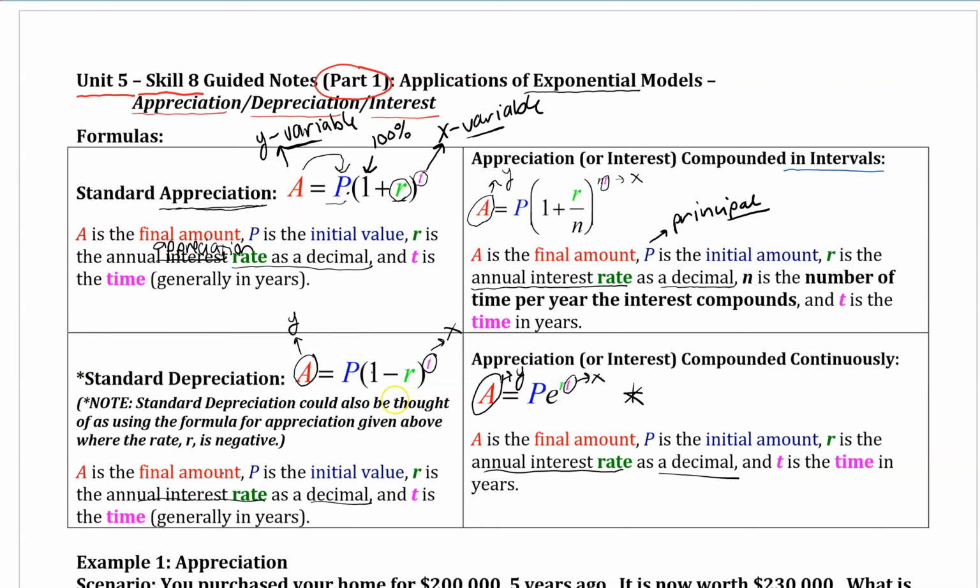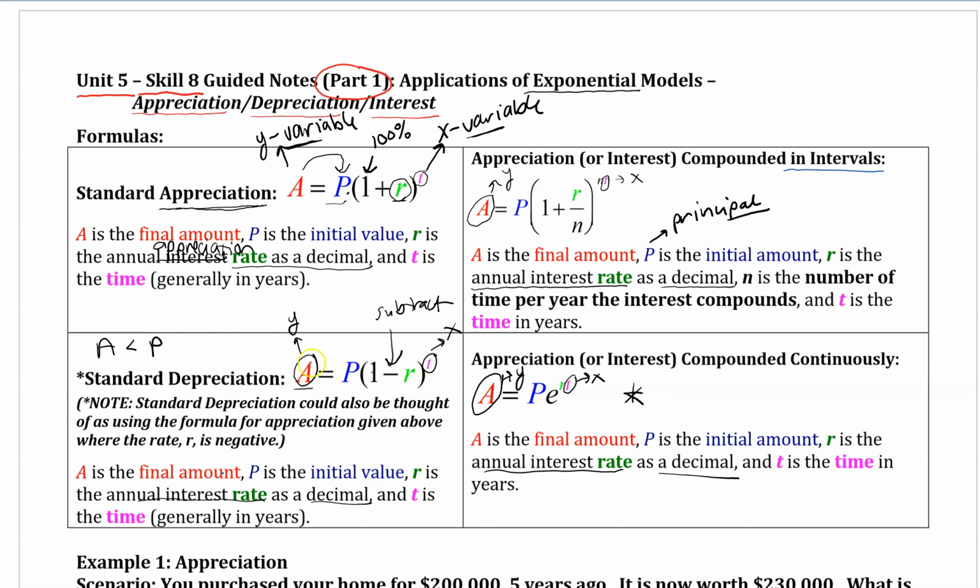Depreciation, by the way, is pretty much the exact same thing, except that instead of adding the rate to 100% of P, you subtract the rate from 100% of P, which means that the result A will be less than the initial amount P, because it will be smaller than 100% of P. We would have taken something away from that 100%, making it smaller than 100%, and we would have done that for a certain number of years.